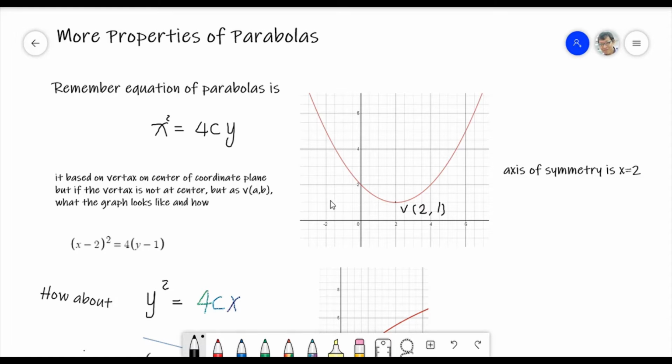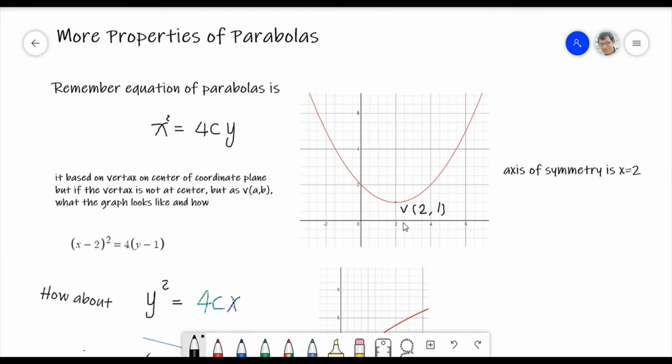Now let's introduce another concept, the axis of symmetry. By this graph it is x equals 2, and the 2 is exactly the x-coordinate of the vertex.